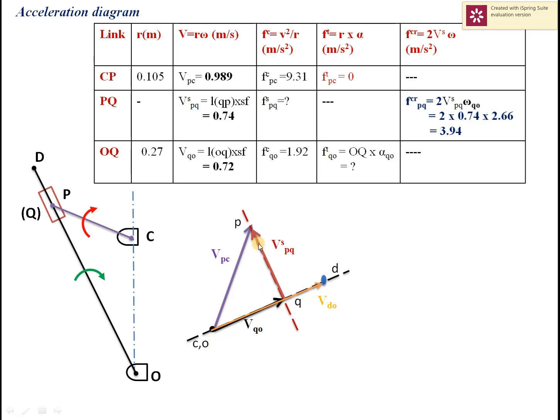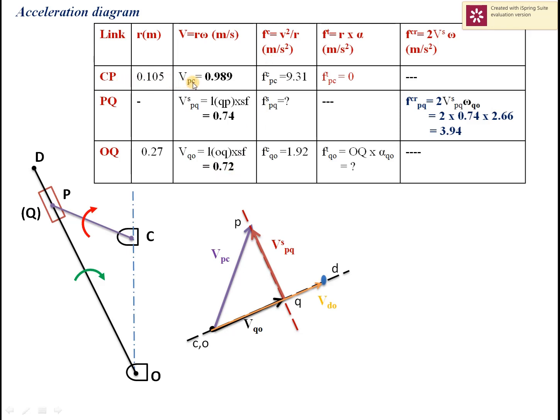So length of vector QP into the scale factor gives the sliding velocity of P relative to Q, which is equal to 0.74 meter per second. For link OQ, we have determined VQO, whose magnitude is equal to the length of vector OQ into the scale factor, which is equal to 0.72 meter per second.